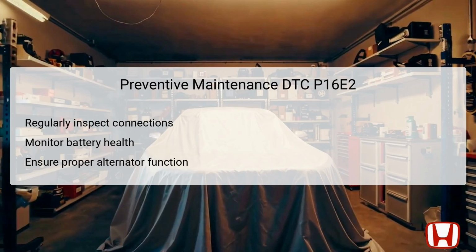Keeping the battery charged and in good condition will diminish the risk of communication errors. Additionally, perform periodic checks on the alternator's performance to confirm it produces adequate output and communication with the PCM. By implementing these preventive measures, you can greatly reduce the likelihood of encountering similar DTCs in the future.